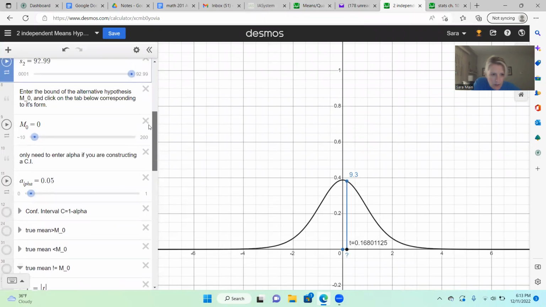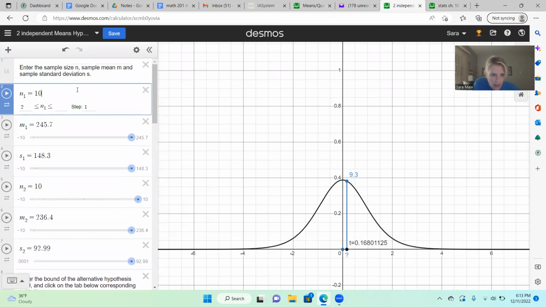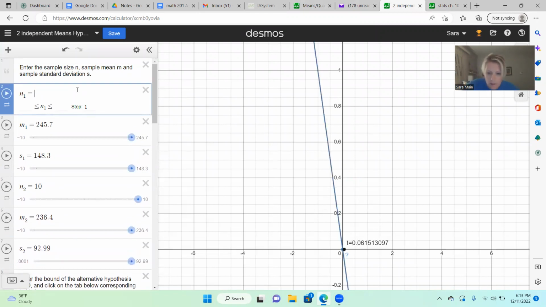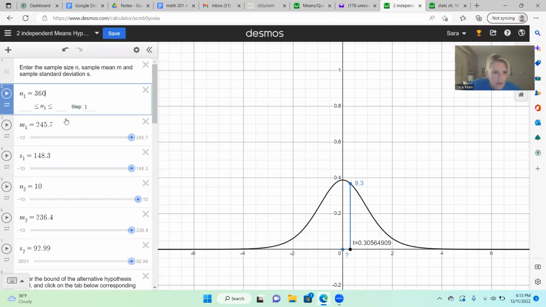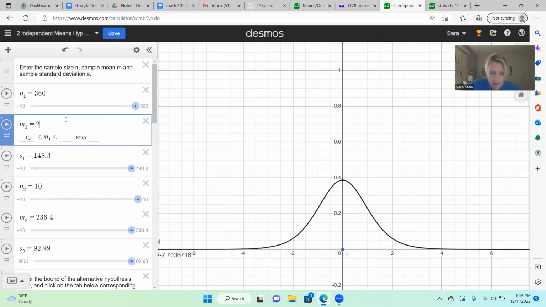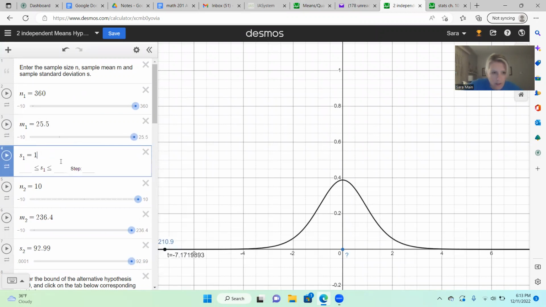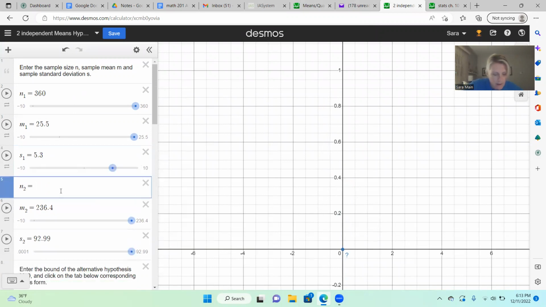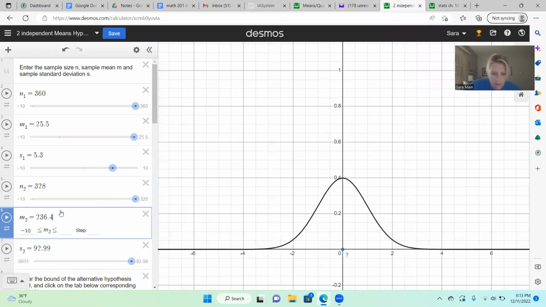So we are going to go up here, and our sample size for the boys was 360. The mean was 25.5 with a standard deviation of 5.3. And the sample size for the girls was 328 with a mean of 24.1 pounds.